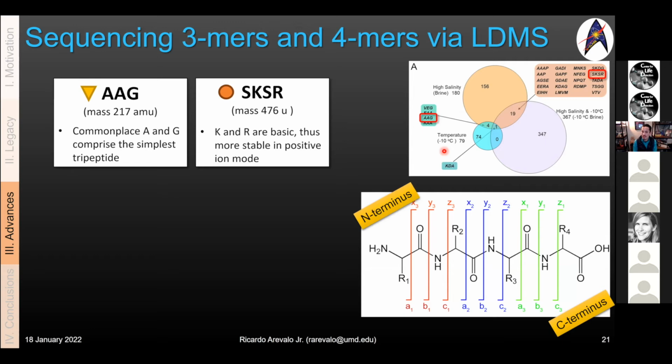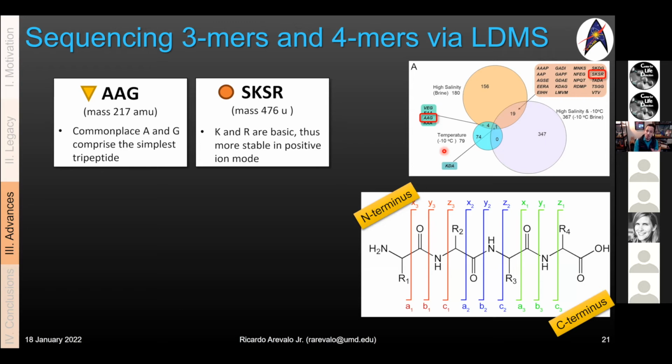That would be cool. But for this to actually be a useful biomarker and for LDMS to be a truly viable analytical technique to identify this biomarker, we kind of need to sequence it because AAG is very different than AGA. AGA is not statistically enriched in these microorganisms subjected to extreme conditions, but it's going to have the same molecular weight.